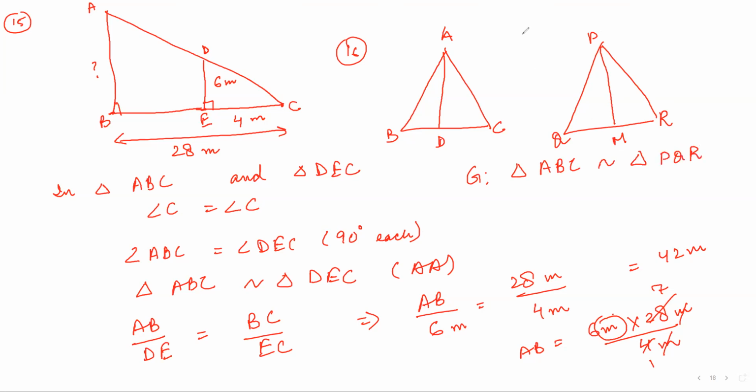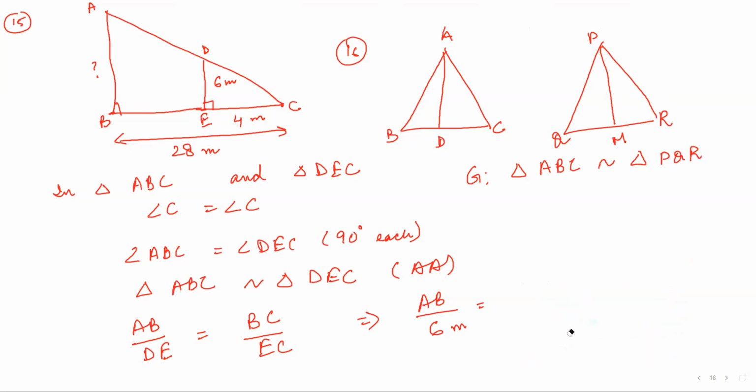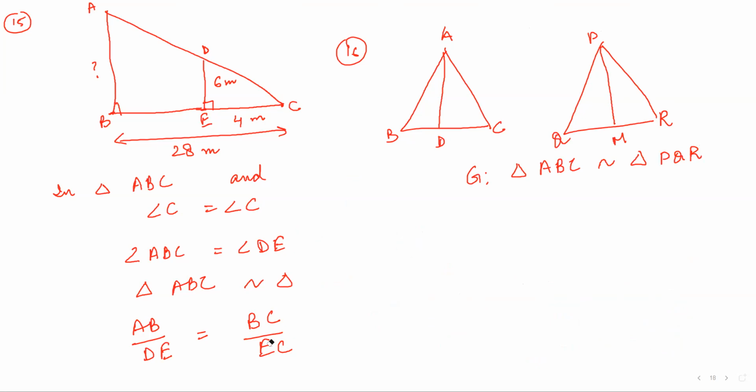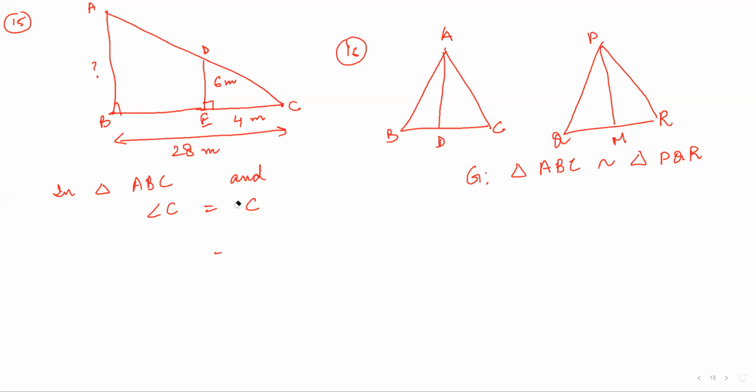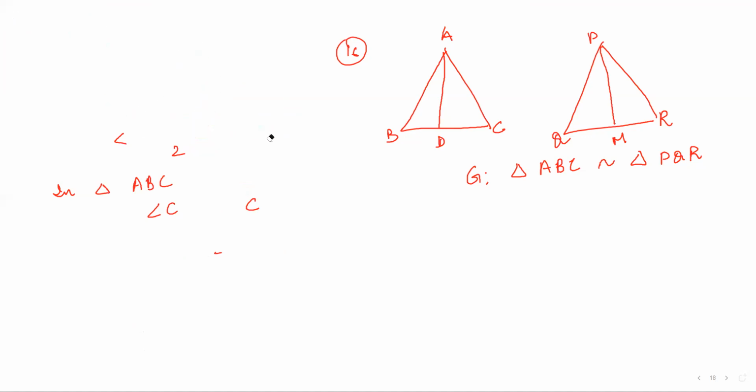So if you remember in the previous question, we were proving that these triangles are similar. In question number 10 and in 12 also, we were trying to show that triangle ABC is similar to PQR. Now what you have to show?